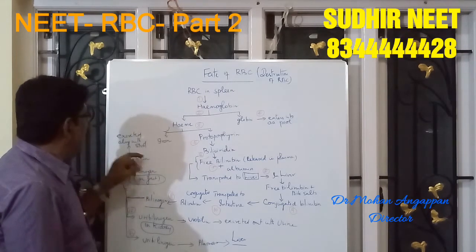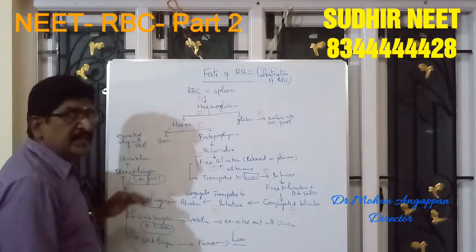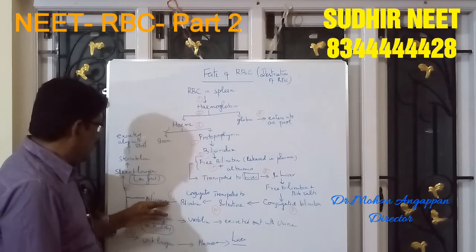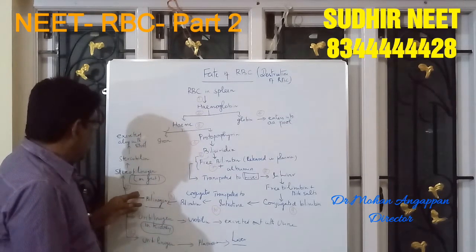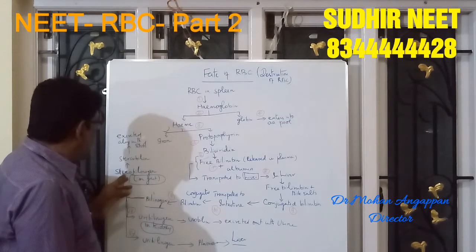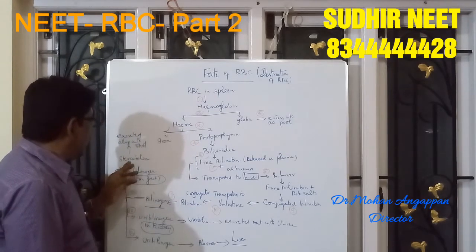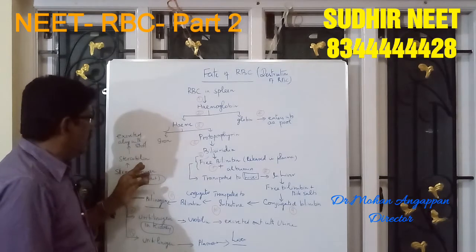This stercobilin is excreted along with the stool. This gives the color of the stool. So the first stage: the bilinogen is converted into stercobilinogen in the gut region, and then into stercobilin.